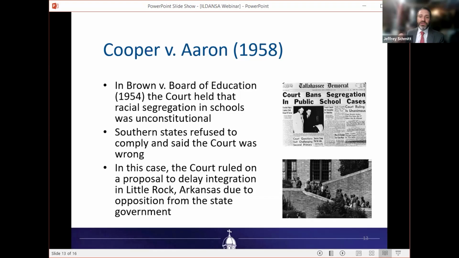The governor was putting state troops outside of the school saying that black students were not welcome. And so President Eisenhower sent federal troops in there. General Eisenhower, he was the general for the Allied forces in World War II, right? He was not going to take armed resistance from the governor of Arkansas. So he sent federal troops in there. They got the kids in school, and he enforced the court's understanding of the Constitution.